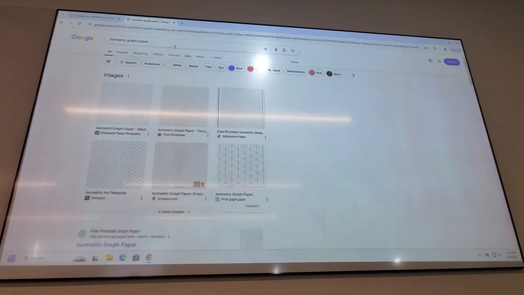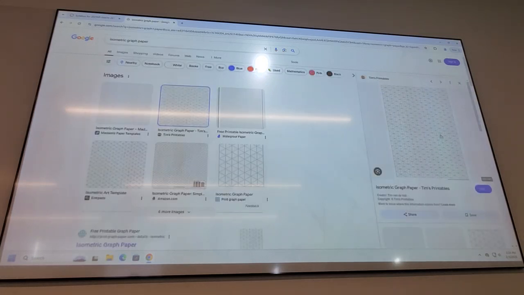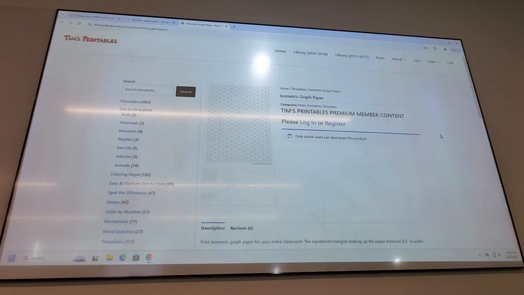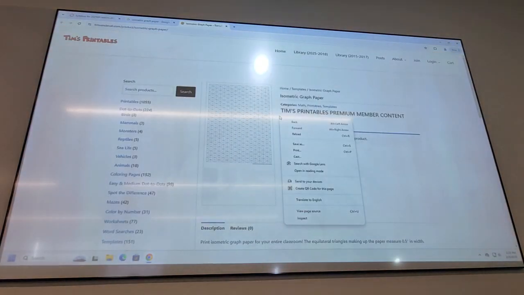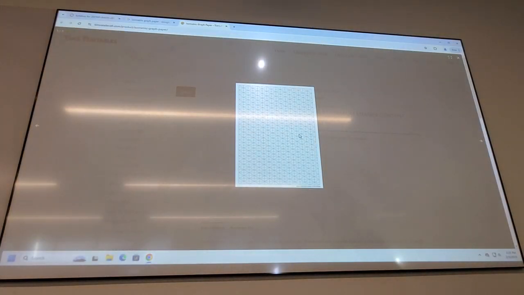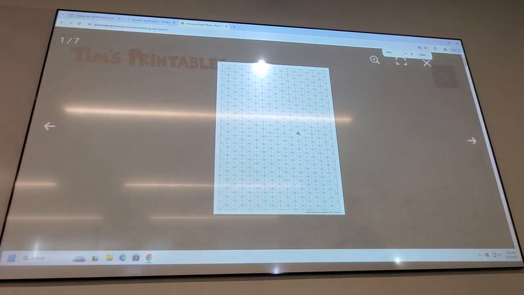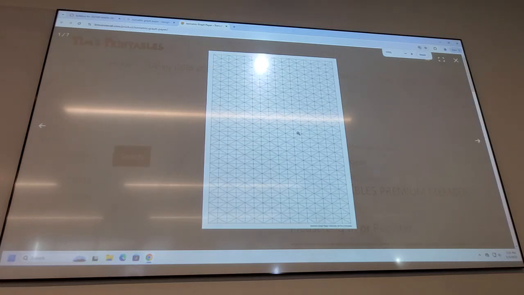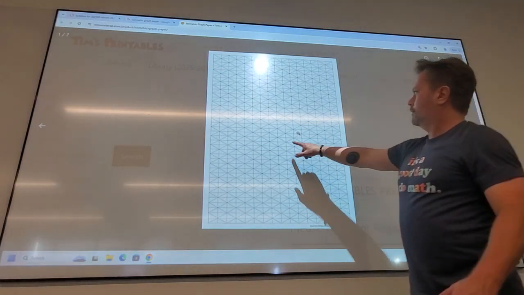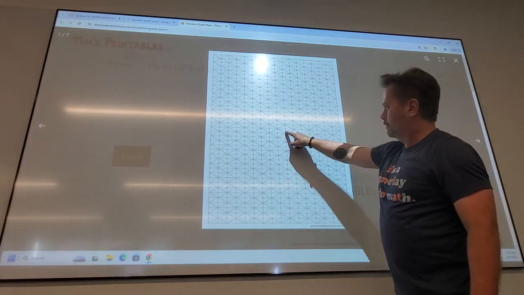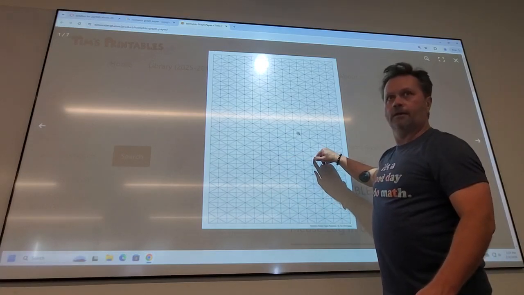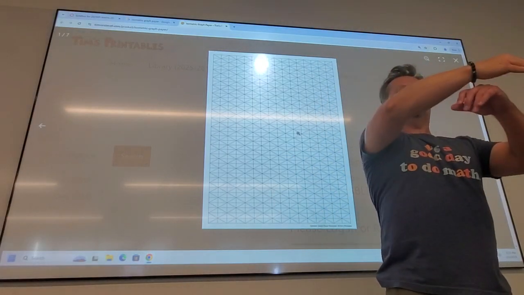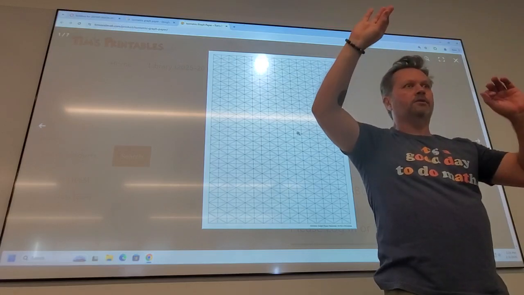There we go. Oh, it'll only zoom so much, and then it gives up. Okay, that's fine. So then you can see you can do your x, your z, and your y, and then it's a little easier to follow each axis as you're trying to graph points.